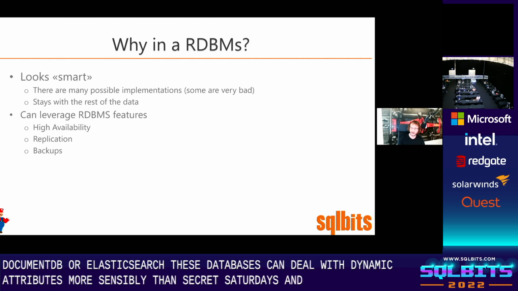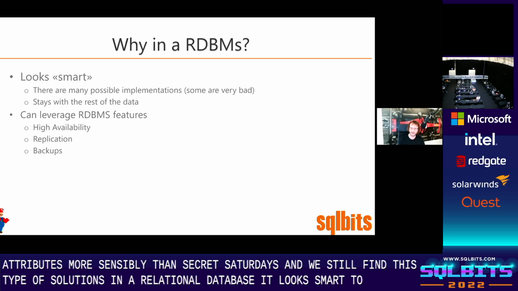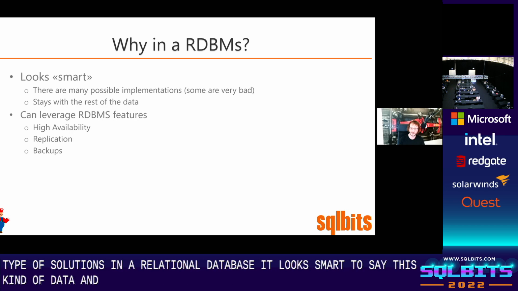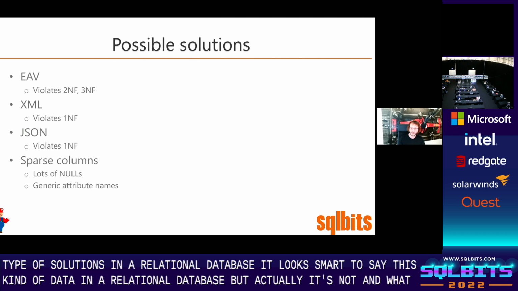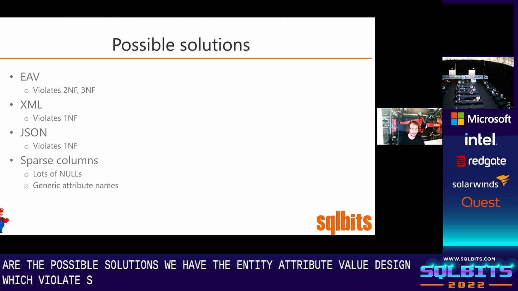And we still find this type of solution in a relational database. It looks smart to save this kind of data in a relational database, but actually it turns out it's not. And what are the possible solutions? We have the entity attribute value design, which violates second normal form and third normal form.